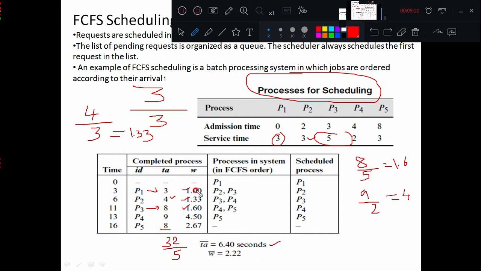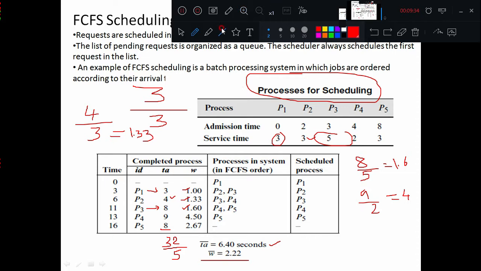And for the weighted turnaround time, on a similar basis, you add all the weighted turnaround times and take the average, that is, divide the sum by 5, and you will get the mean weighted turnaround time, right? You have to explain all these things if they ask in the exam.